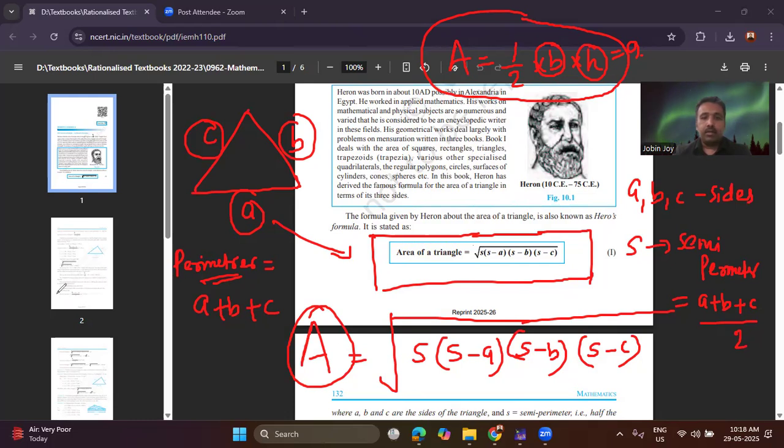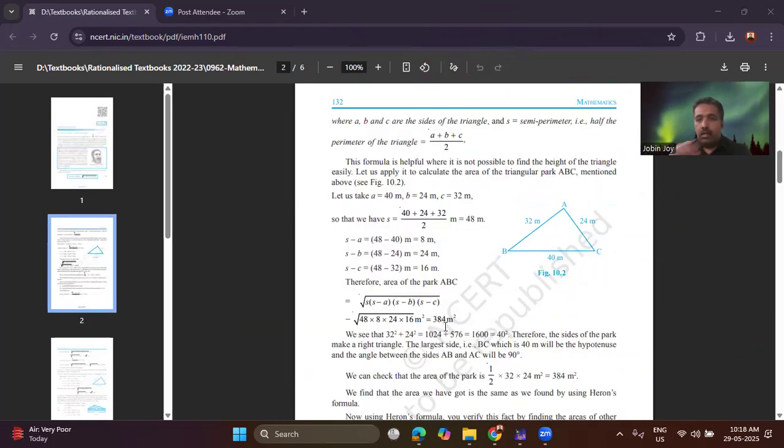Let's see some examples. Take this example. This is a triangular park ABC, and AB equals 32 meter, BC equals 40 meter, and AC equals 24 meter.